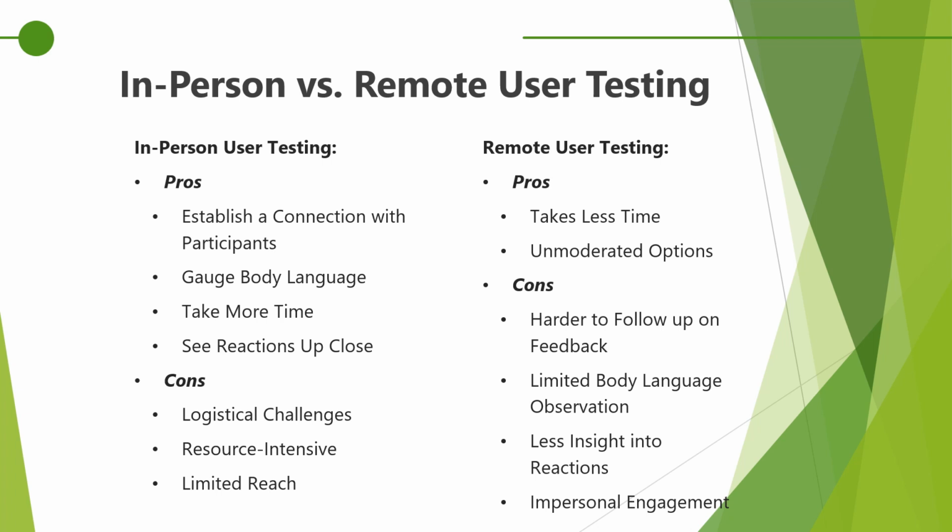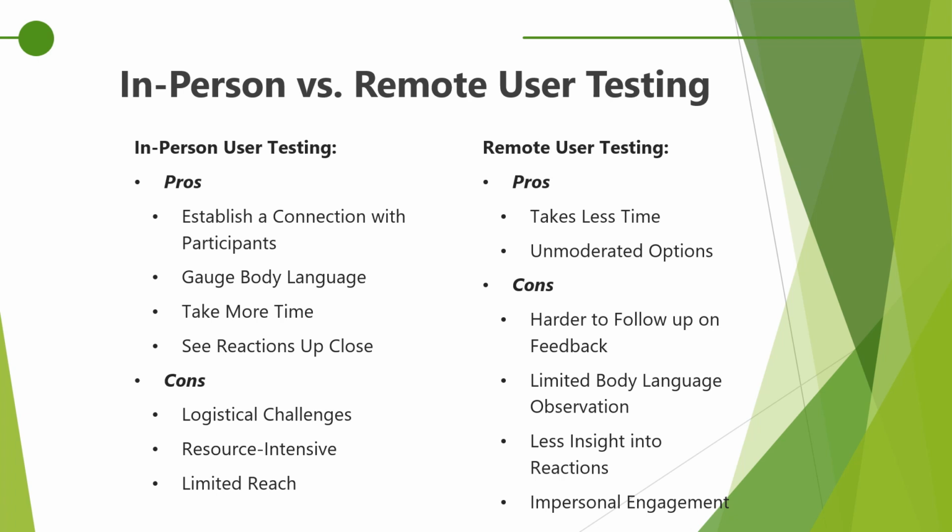Then, observing participants in person will allow us to gauge body language. Body language and facial expressions in the real world provide valuable insight into the different reactions and also any frustrations that are being felt.